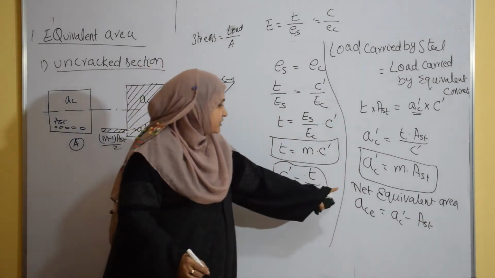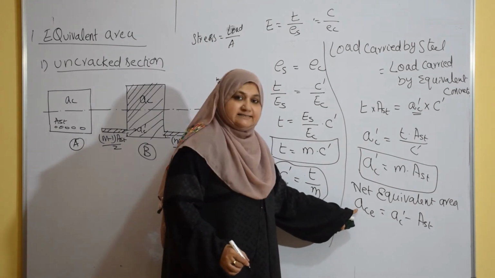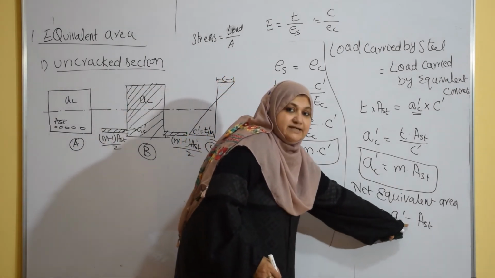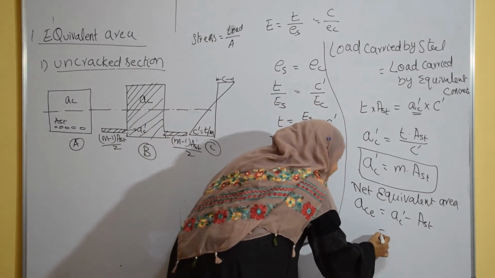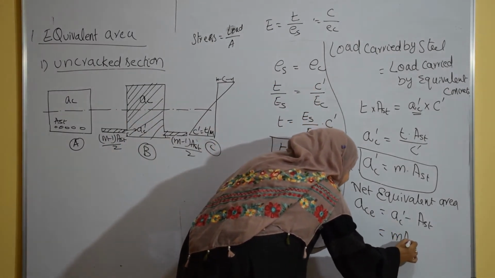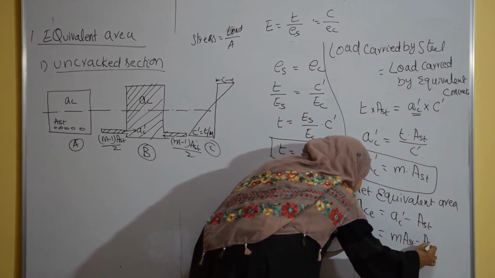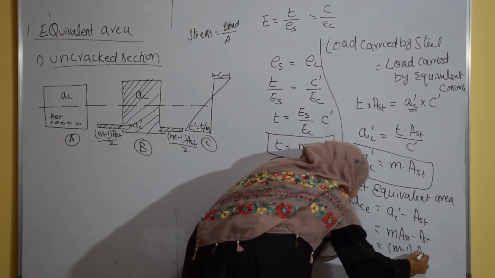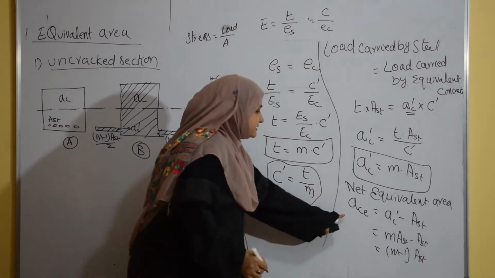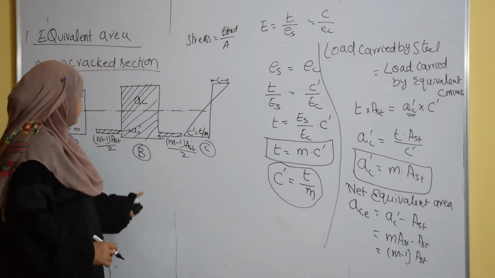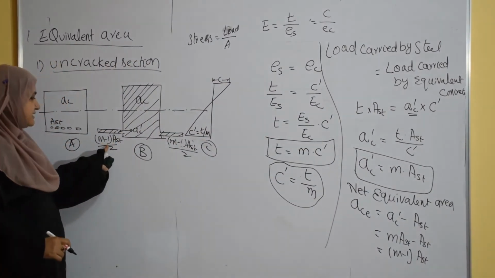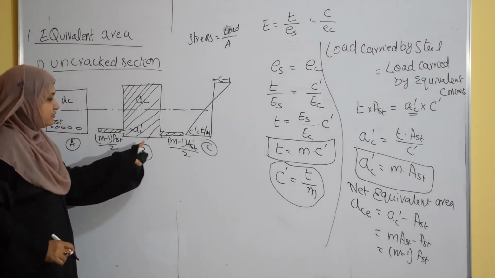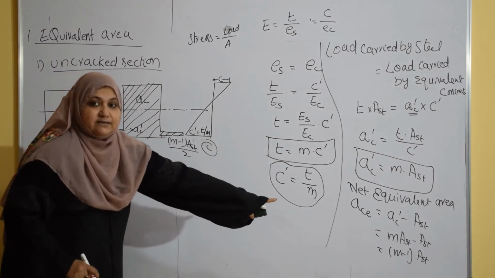Net equivalent area of concrete ACE will be equal to equivalent area of concrete minus area of steel. Just now we have calculated MAST minus AST. So this is M minus 1 into AST. You can see here M minus 1 into AST by 2, M minus 1 into AST by 2. Together you add it up, it becomes M minus 1 AST.